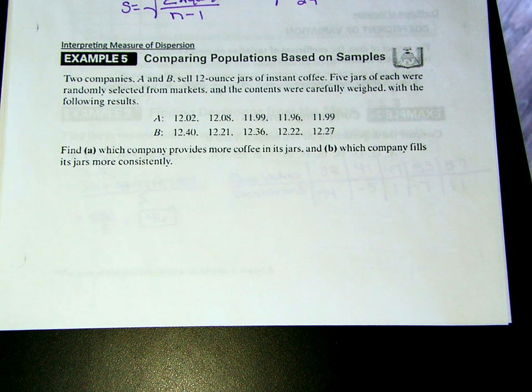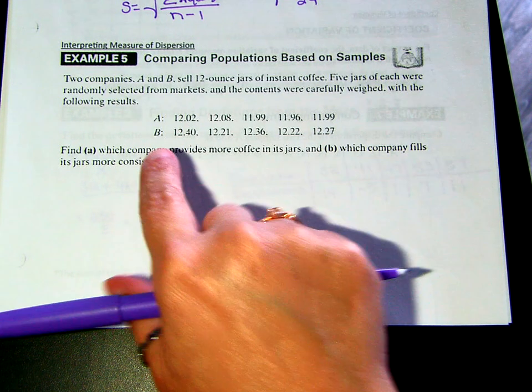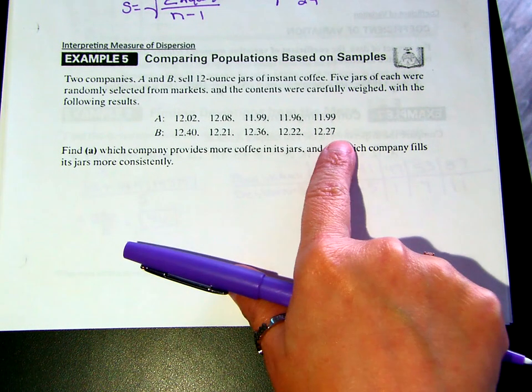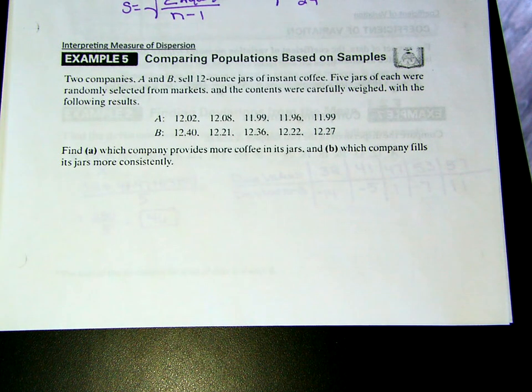It says 2 companies, A and B, sell a 12-ounce jar of instant coffee. 5 jars were each randomly selected from the markets, and the contents are carefully weighed, with the following results. For A, we have these results across the top, and for B, we have these results across the bottom. It says find: A, which company provides more coffee in its jars, and B, which company fills its jars more consistently.